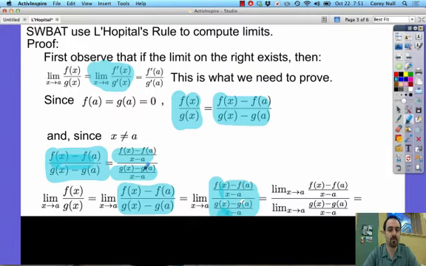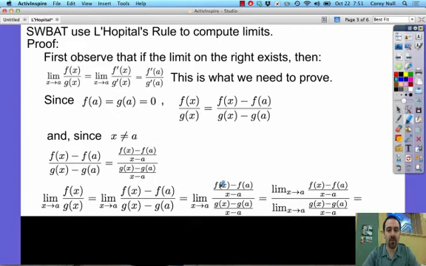Notice, if I take the limit of a rational expression like this, then I can break it into the limit of the numerator divided by the limit of the denominator, provided both limits exist. And that's one of the things we have to assume for this theorem to make any sense. So the limit of the numerator exists and the limit of the denominator exists.